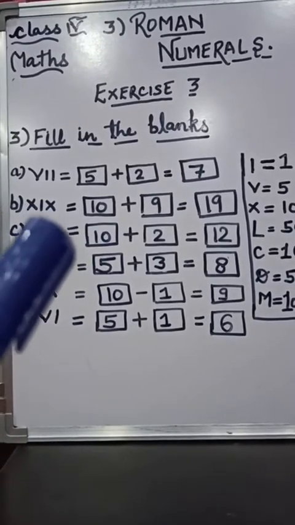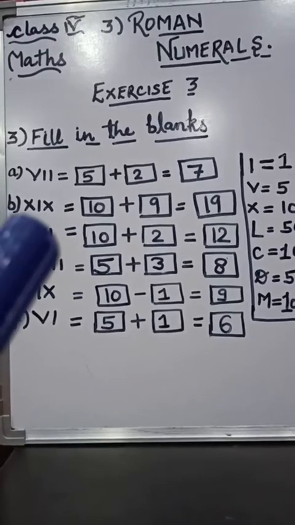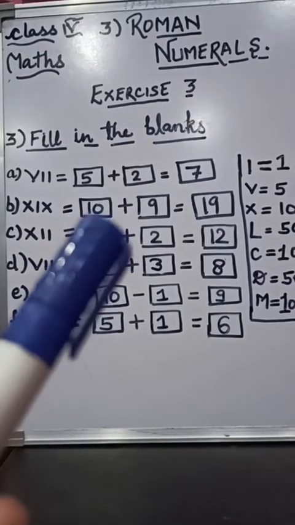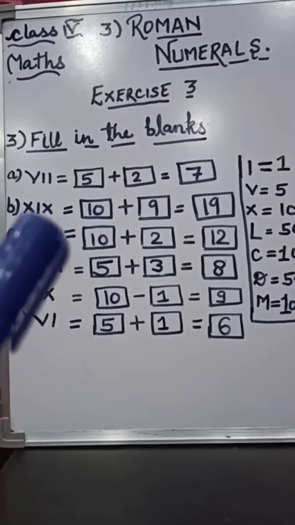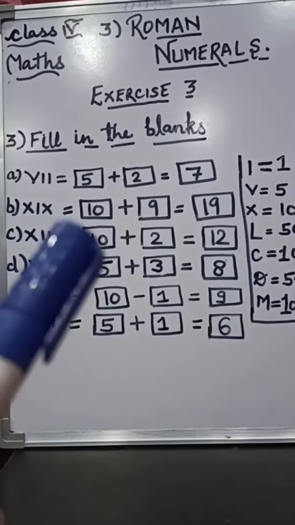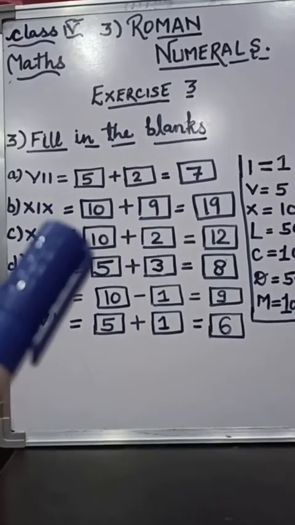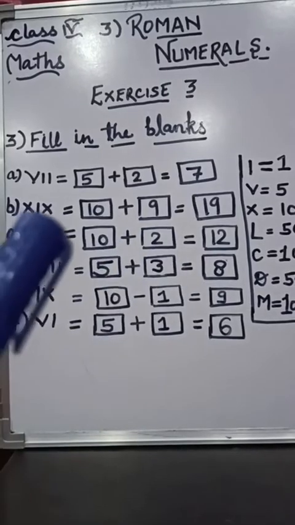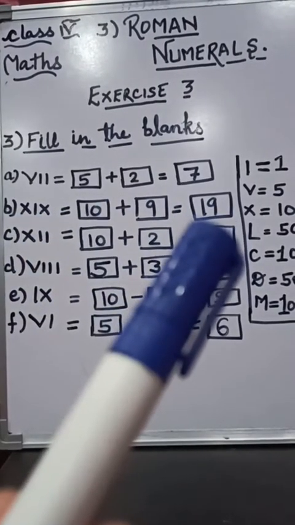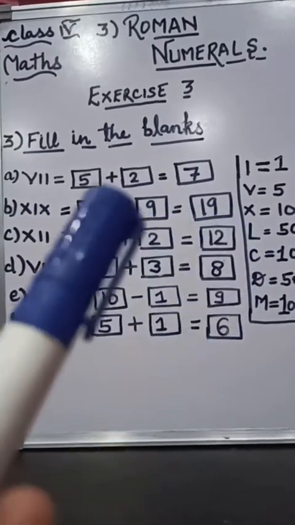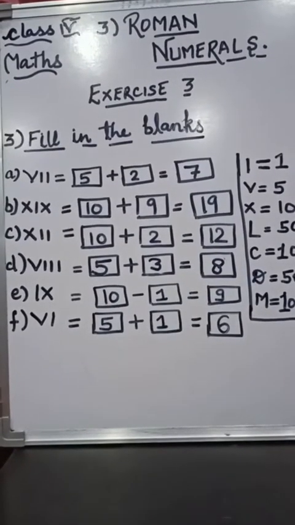That is 19. Let's see how. First we will take X. The value of X is 10. Then IX means 9. As I told you earlier, rule 3 will be followed here. 10 plus 9, 19.